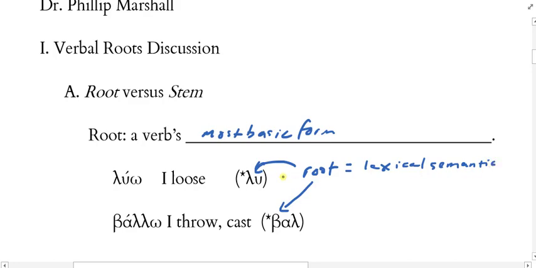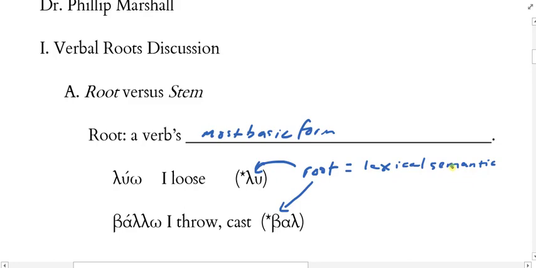The lu root has to do with the idea of loosing something. The ball concept has to do with picking or taking something and chucking it, so casting or throwing. We can modify these verbal roots with other things, and then that will give us also semantic information, but it won't be lexical semantic information.